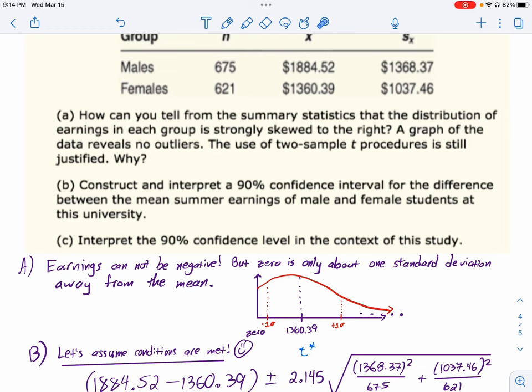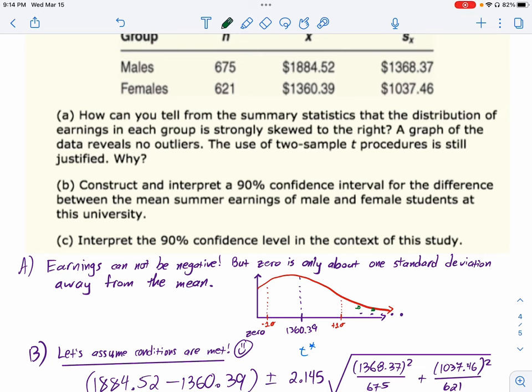So I can't even go 2 standard deviations because I'm into the negatives. So that more or less forces me to understand that there's a couple bigger numbers over here that are skewing the data to the right. It just has to be. There's some kids in the summer that are working their tails off, 60 hours a week, making 5, 6, 7, 8 grand or more. Okay.